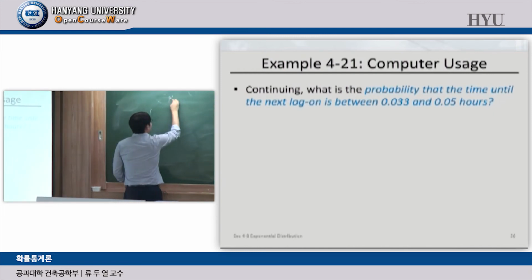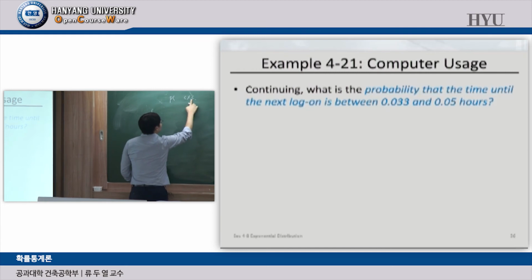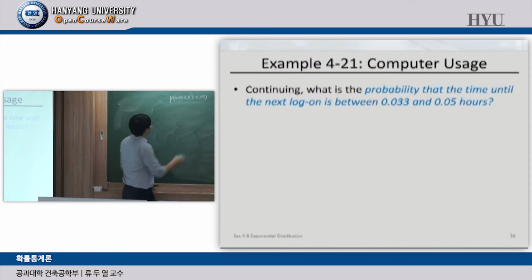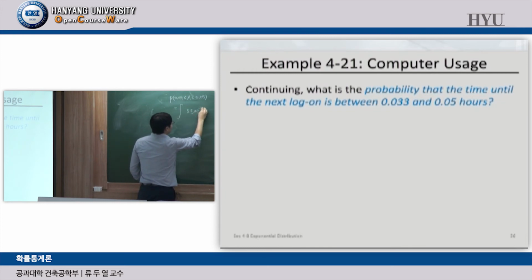This will be the probability of x between 0.033 and 0.05, right? And this will be the integration of 25 e^(-25x) dx from 0.033 to 0.05.